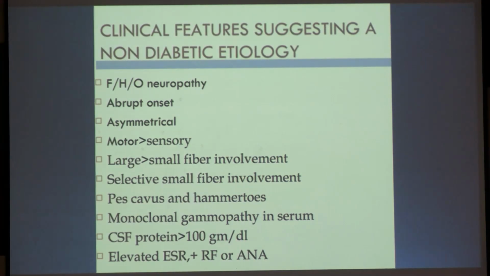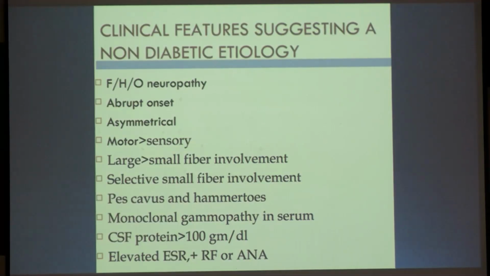abrupt onset, asymmetrical, motor more than sensory, large fiber more than small fiber involvement, selective small fiber involvement, and foot deformity in the form of pes cavus or hammer toes.